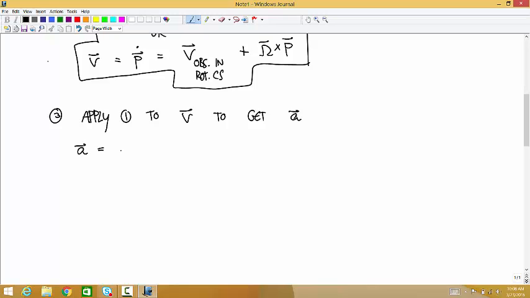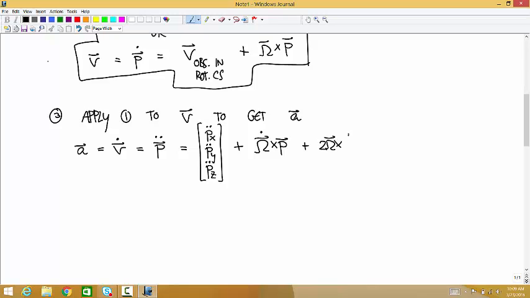And you get that the acceleration, which is equal to v dot, which is equal to p double dot, is equal to the components of position double dot plus omega dot cross p plus 2 times omega cross the components of position dot plus omega cross omega cross p.